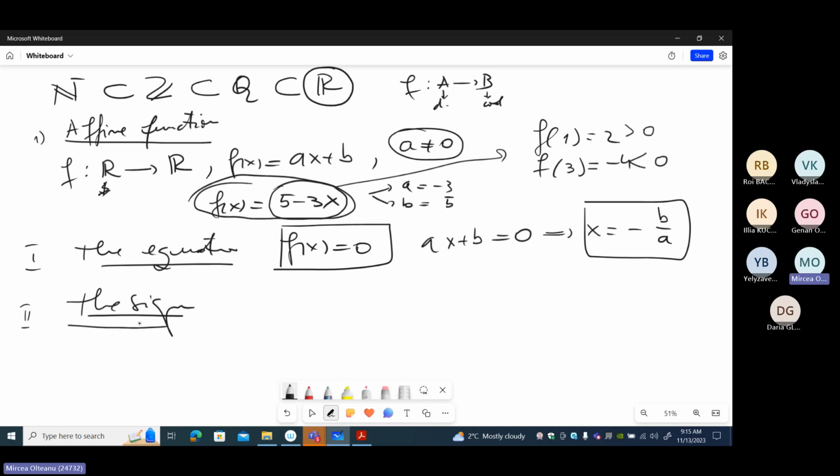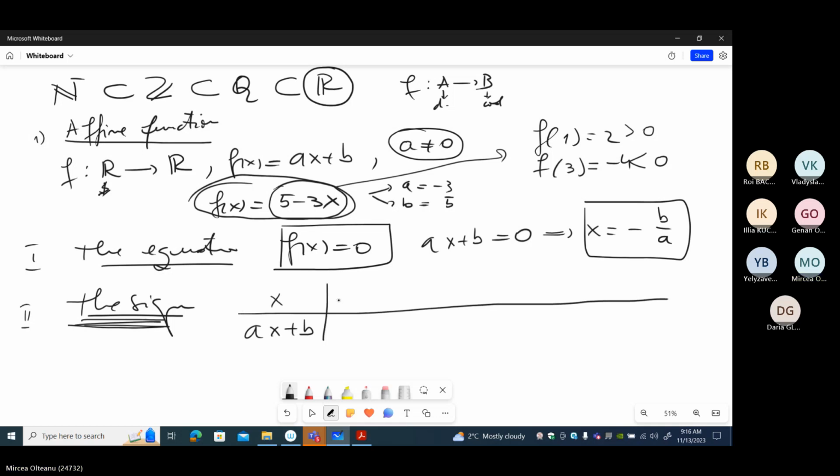To know the sign of the function means to know for what x it is positive and for what x it is negative. This is for simple functions like the affine function. This is given usually by a so-called sign rule. So the sign rule for the affine function is given by the following table.